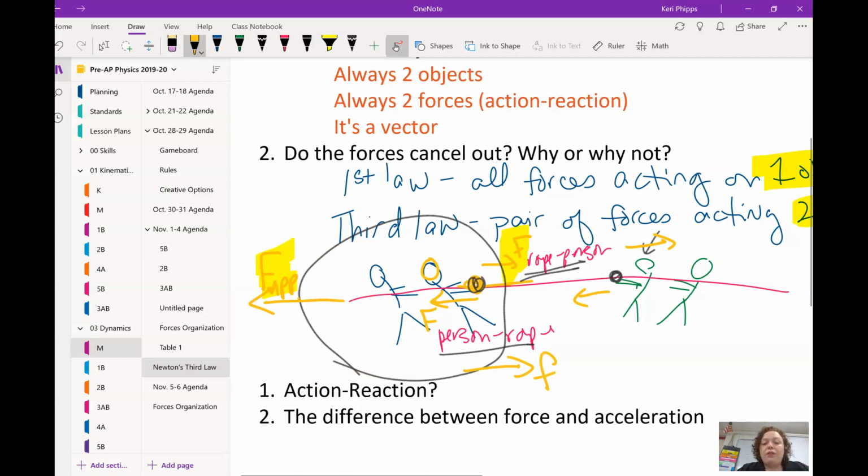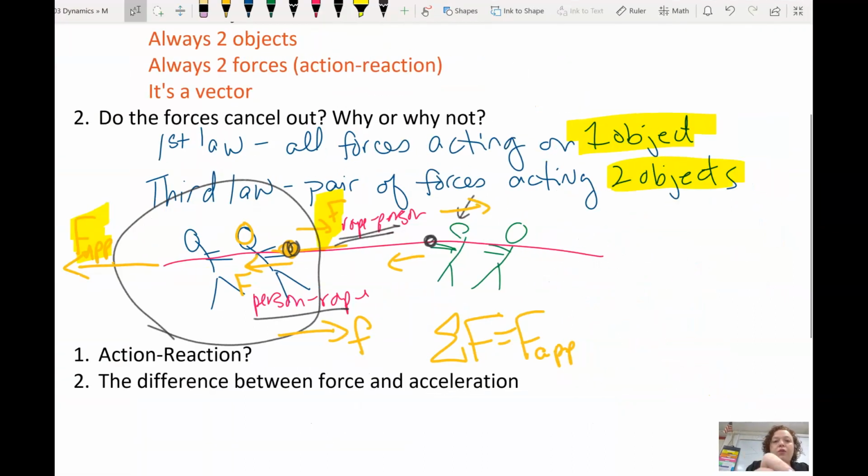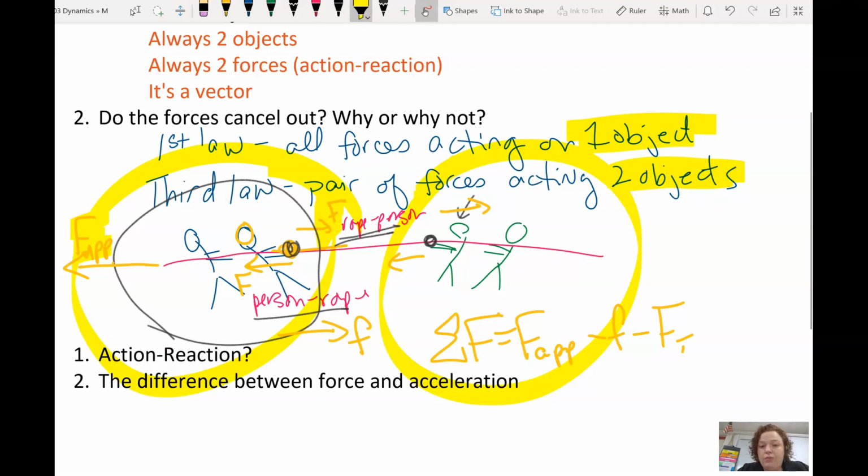All right, so if the net force, all these forces here, the applied force of the pull minus the friction force minus the force of tension on this one side right here is greater than the force of tension on this one. Okay, so yes, equal and opposite forces on different objects, but things move because of the net force on one object.